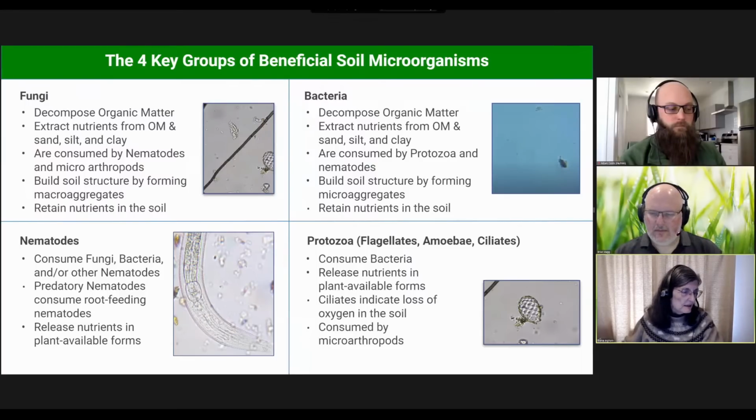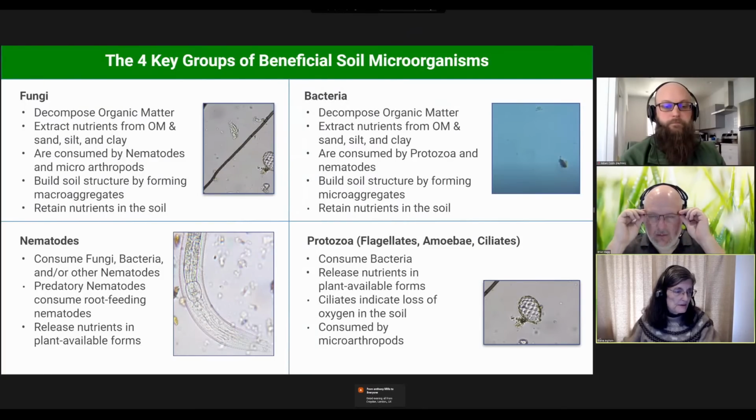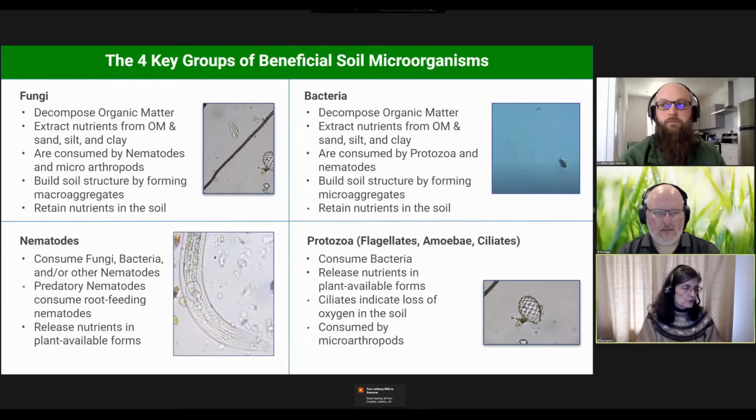So fungi. And you can see here all of the things that fungi do for your plant. Huge contribution to decomposing organic matter. Really, it's fungi and bacteria that are in competition with each other. The fungi like the very complex food resources. So that's their specialty. Bacteria go after the simple, easy compounds where they don't have to be putting out complex enzymes to be breaking things down.